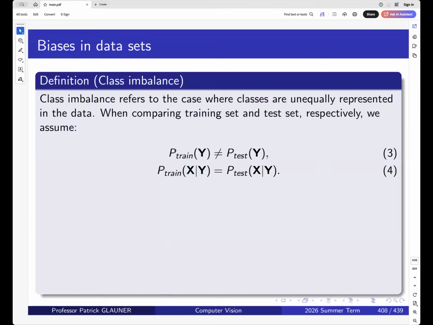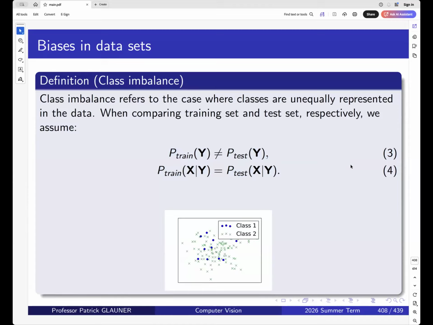We assume the first one is an inequality, the second one is an equality. It's just an assumption we make so we can calculate this weight easier. Class imbalance could be, for example, visualized like this, that I have many more examples of the one class than the other. But here in particular, we assume that these label distributions differ between the training and the test. Now you may wonder, why have we made that assumption? I will show you this now on the whiteboard because we can then much easier calculate these weights from before.